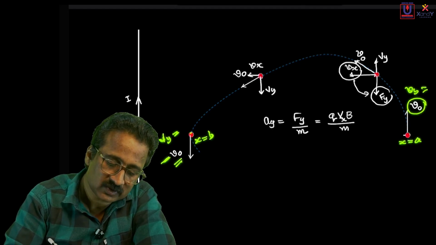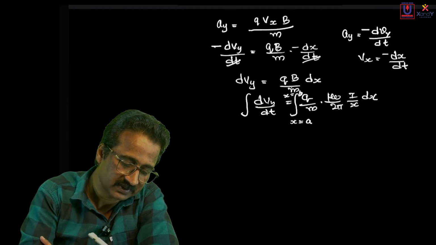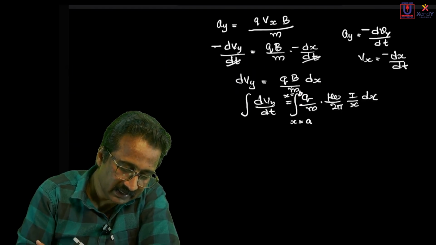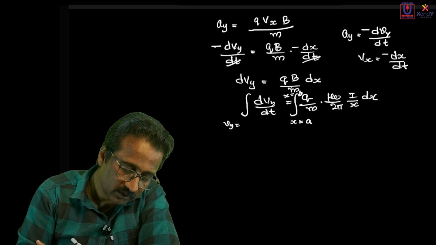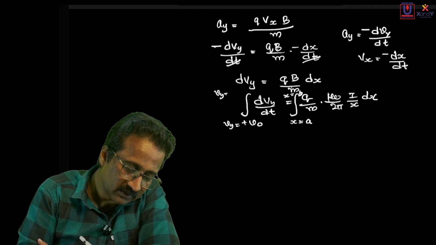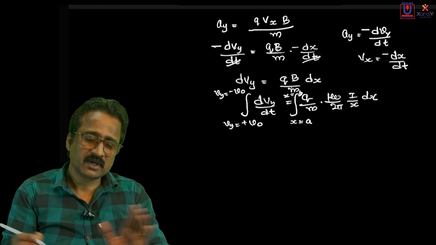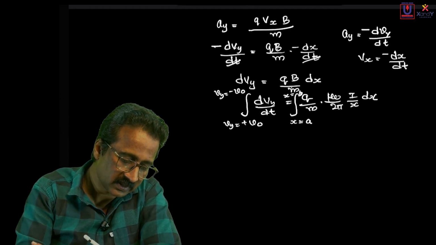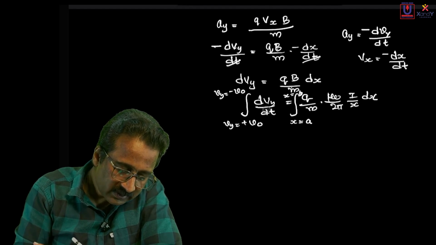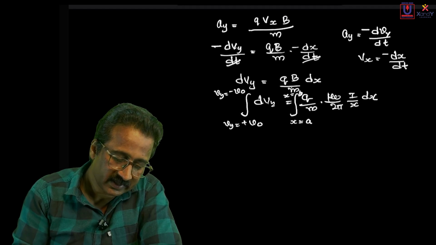So one limit is V0, the other limit is minus of V0. The signs are very important here. That's the way I can give limits. Now it's only a matter of integrating. I think I unnecessarily cancelled dt earlier. Sorry for that. Now let's integrate both sides.